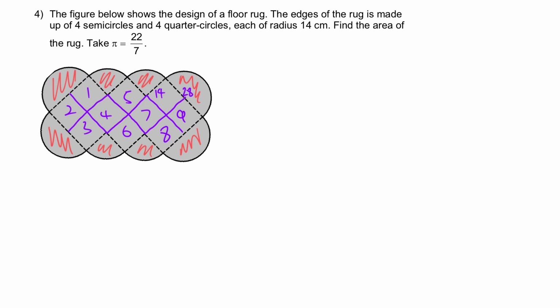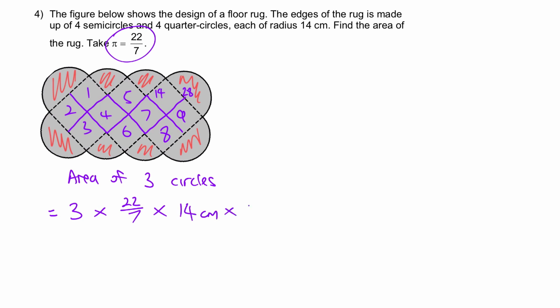So find the total area. Step 1, area of 3 circles, which is 3 times pi, 22 over 7, times the radius, which is 14, times 14.